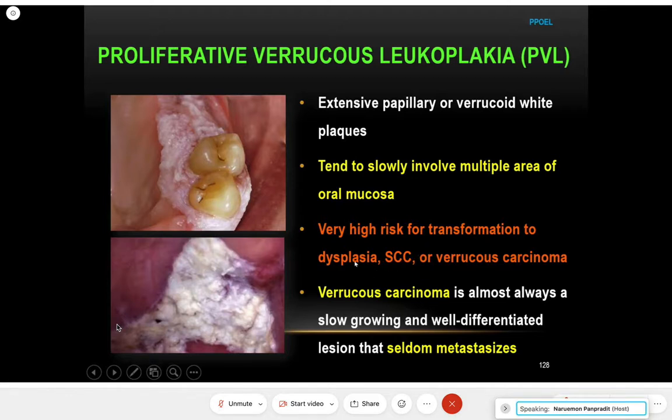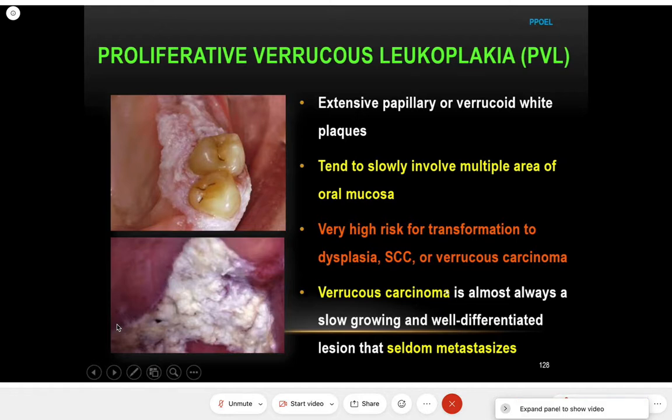This one is important because it is very high risk for transformation to dysplasia, squamous cell carcinoma or verrucous carcinoma. So if it looks awful, and it is awful because the transformation is higher, you need to quickly send it for biopsy.